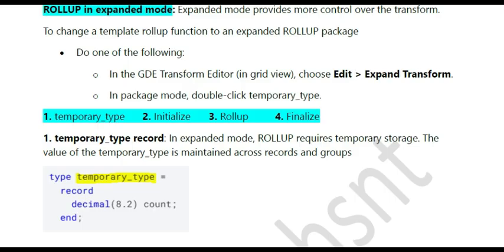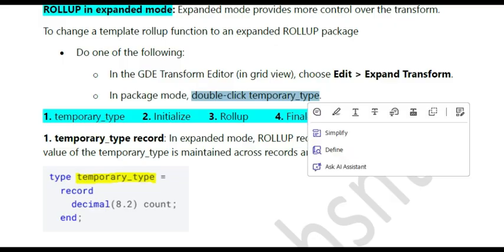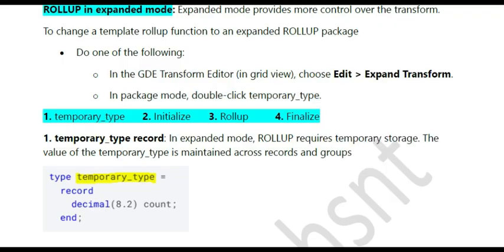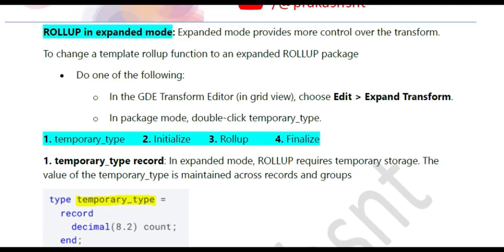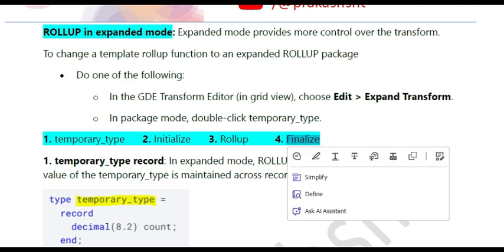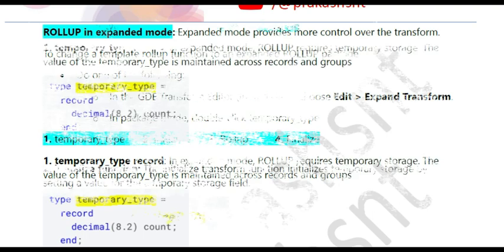Once you double-click on the package mode, if you specify a temporary type value, it will switch from template mode to expanded mode. In expanded mode we have to specify the temporary type, then we have initialization, then the Rollup functions, then the finalize functions. So these are the four things we can use in expanded mode.